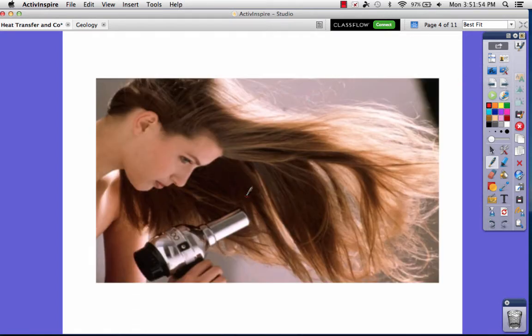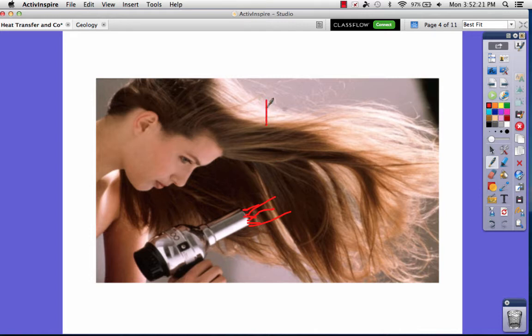The third form is a different one, and this is the same thing as demo number 3. The heat here is being transferred from the hair dryer to the woman's hair. And so in this case, it's not that heat is being transferred without touching, it's being transferred through a fluid.